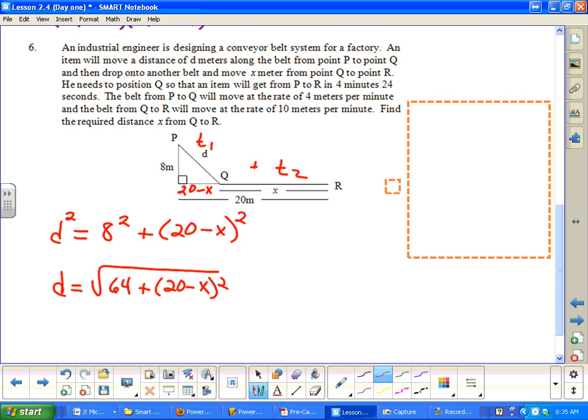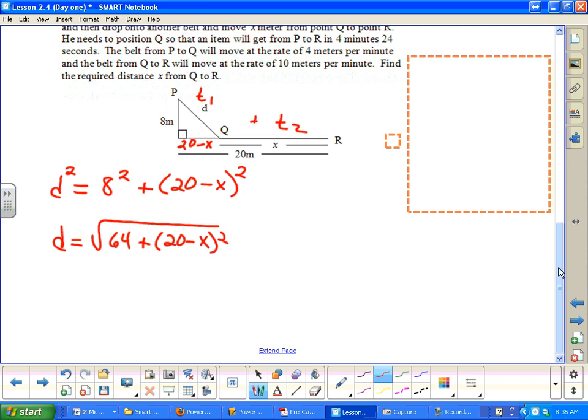It's 24 over 60, right? What is 24 over 60 reduced to? 0.4, right? It's 2/5. Okay. So our total time here we want to be equal to 4.4 minutes. Okay?